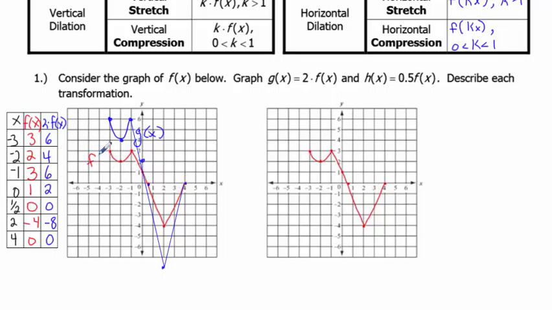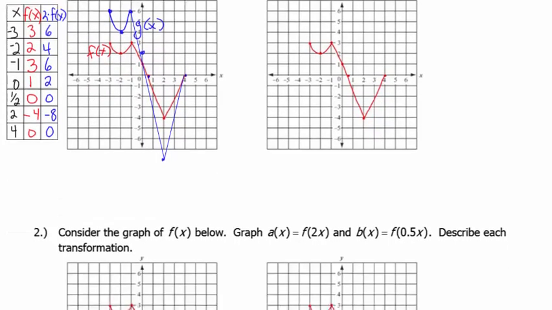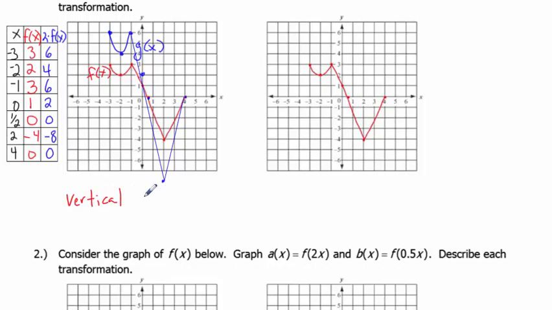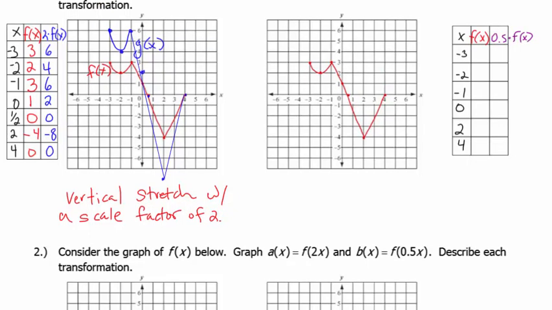And over here, we had started with f of x. And we are supposed to describe the transformation. This would be a vertical stretch with a scale factor of 2, because 2 is what we multiply.